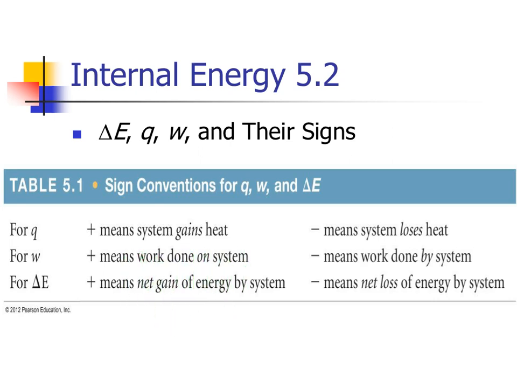Notice that we're always talking about the system in these cases. And if the work is done by the system, that means it is a negative effect. When we see our energy, a net gain is energy gained by the system, and therefore we also have the net loss when it's negative.